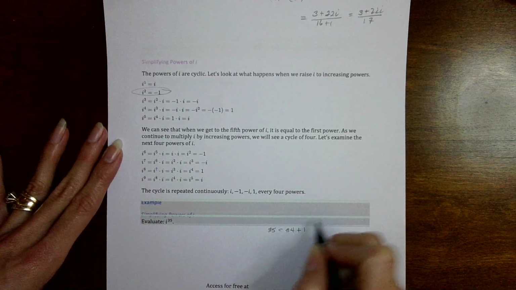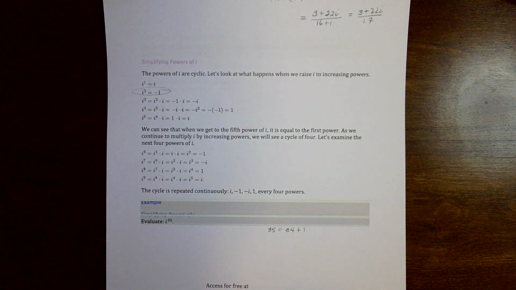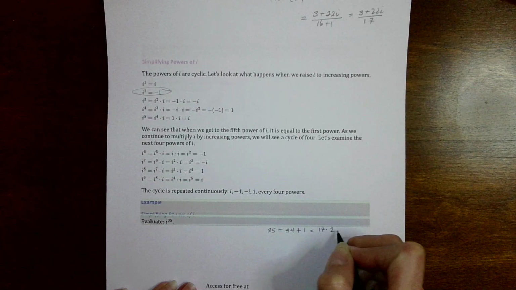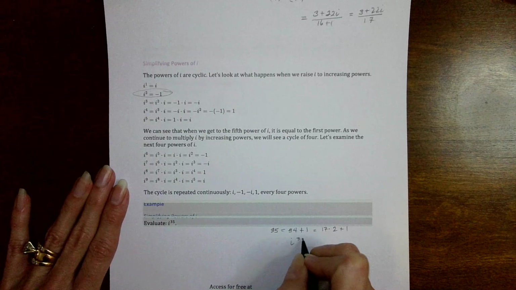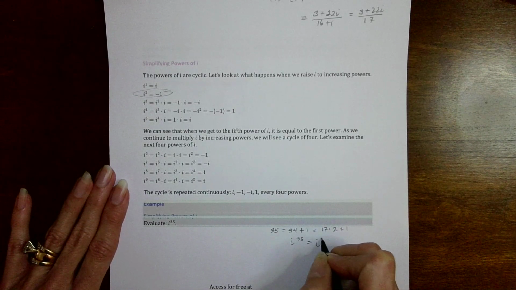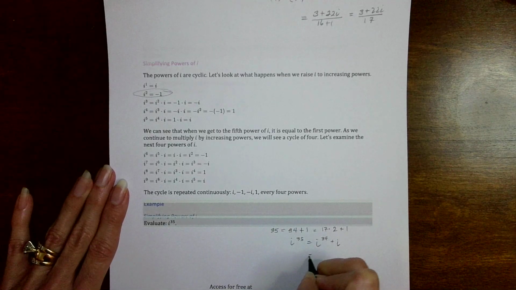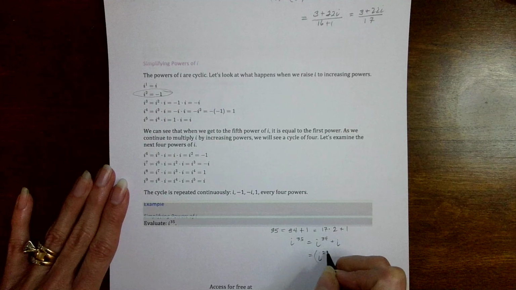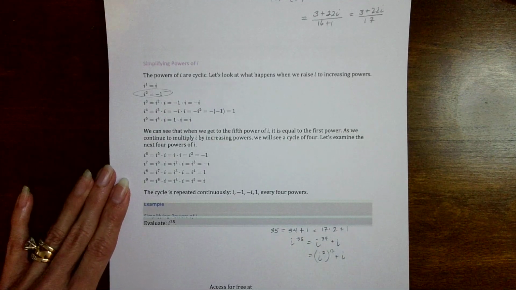And 34 is 17 times 2, plus 1. So I can rewrite i to the 35th as i to the 34th times i to the 1, or just i. And then I can rewrite i to the 34th as i squared to the 17th power.